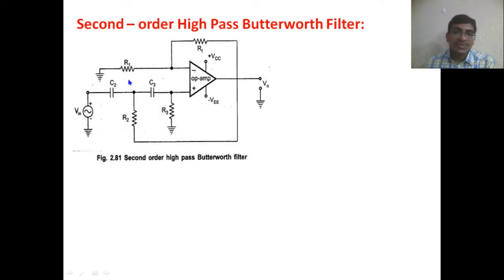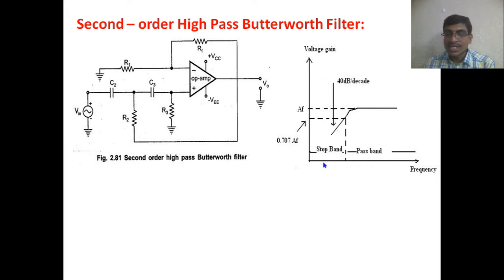So because of using the two sets of R and C elements, it is called a second order high pass Butterworth filter. So here the output voltage is feeding back to the resistor R2, and this RF and R1 are deciding the gain of this amplifier, and Vin is the input voltage, V0 will be the output voltage.